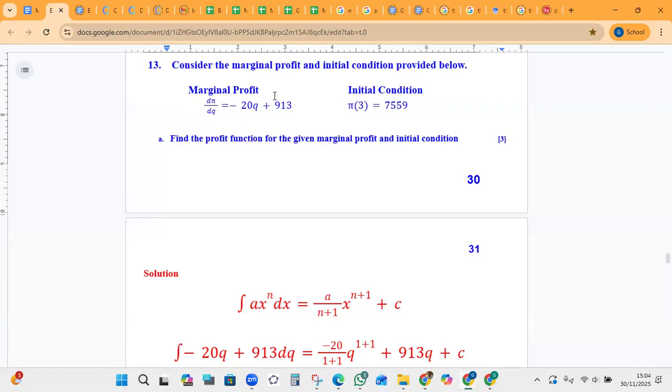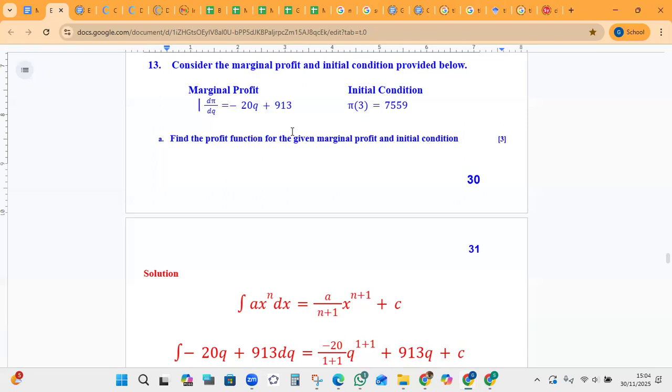What it requires from us with regards to the marginal profit is to find the profit function for a given marginal profit and initial condition. So it's like the opposite of differentiation, because to find the marginal profit, you have to differentiate.